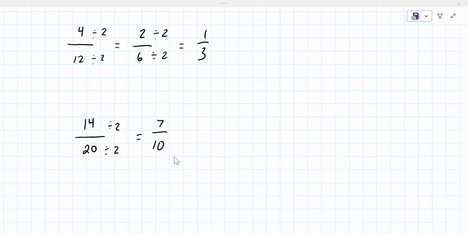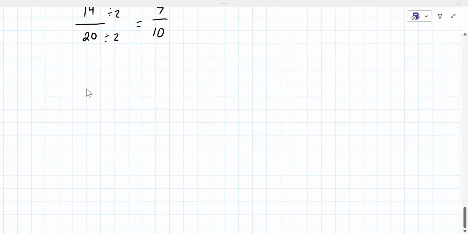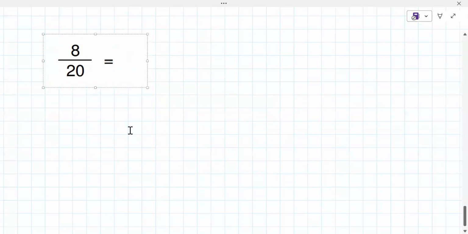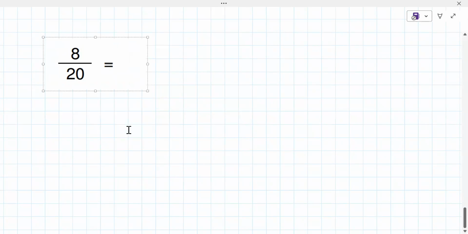Okay. So here is one for you to try on your own. I want you to reduce this fraction, please. Okay. Finished.